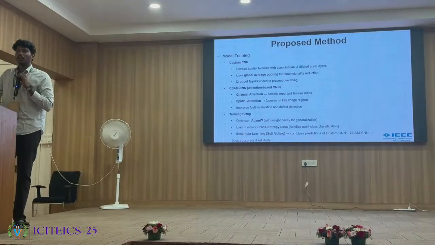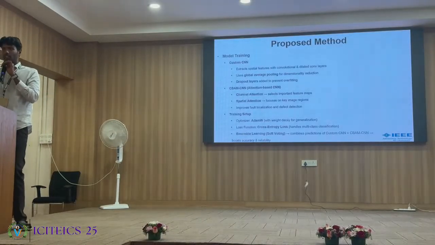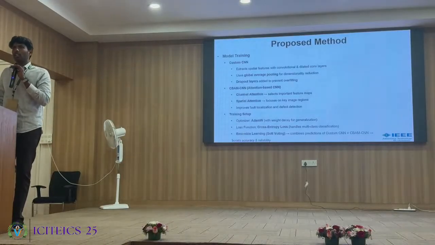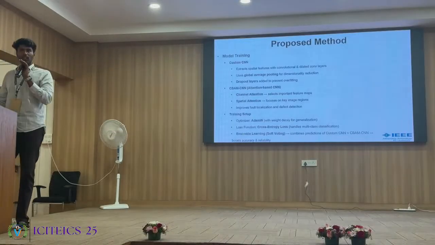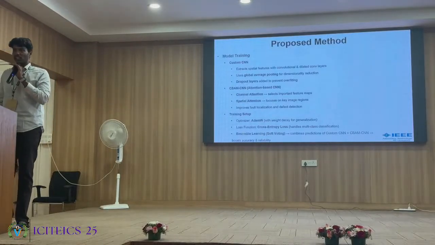We took CBAM from one paper. We had the idea of taking CBAM from one paper. What CBAM does is it is an attention module, the convolutional block attention module. It is only for convolutional neural networks. It considers spatial features and also channel attention.